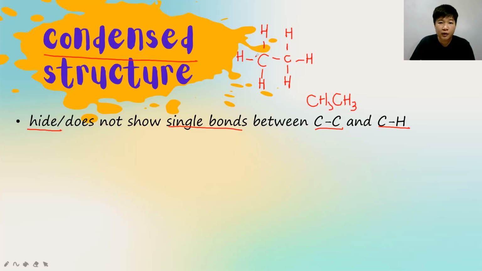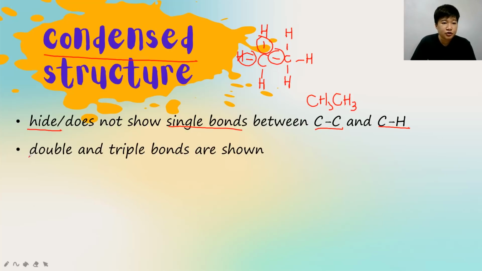Condense means we are going to hide this single bond and also the single bond between the carbon and hydrogen. We are going to hide them and simplify them in the form of CH3, CH3. That is condensed structure. Next, we are going to show the double and triple bond. If there is a double or triple bond, we are going to show it. We only hide the single bond between carbon and carbon and hydrogen.